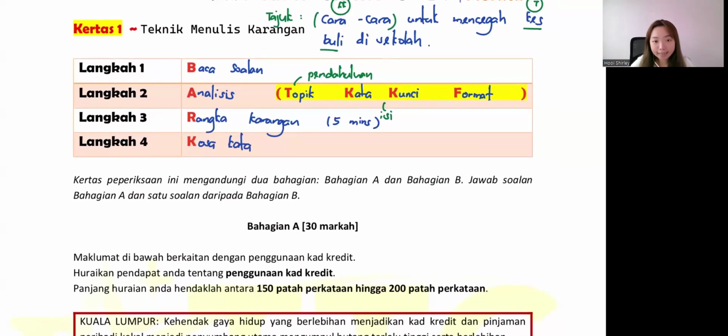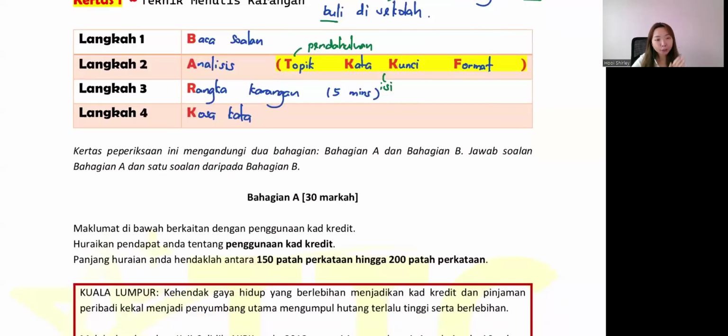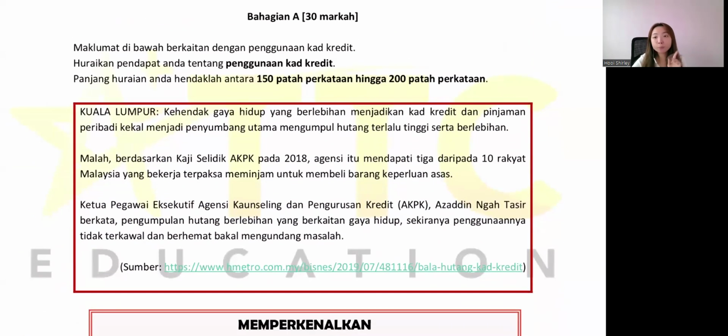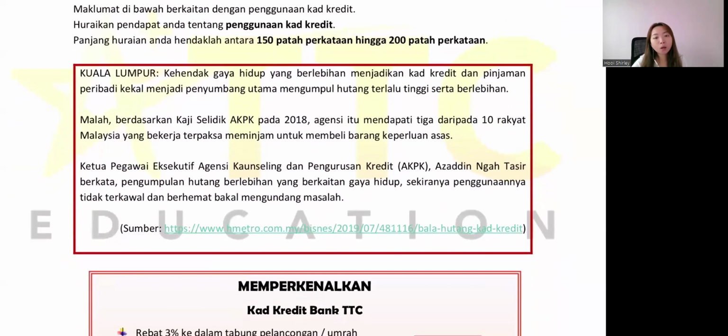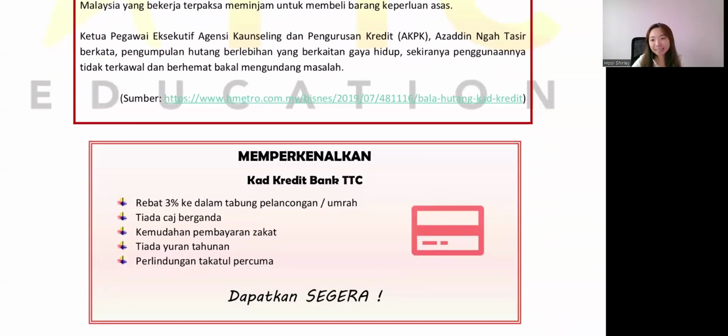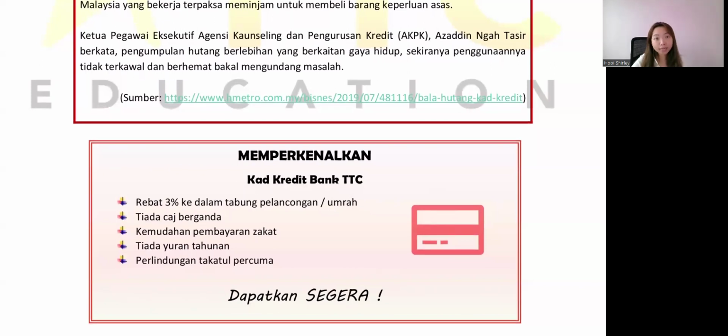It's like a synonym, but not really all the bombastic words. Okay, then let's come to bahagian A. In bahagian A, the first thing you need to do is to read the questions. But what is very important for bahagian A is that they for sure will give you bahan. Either it's a petikan or keratan akhbar, or maybe an iklan, or they can even give you puisi, pantun, gurindam.